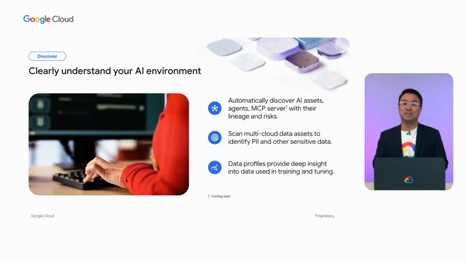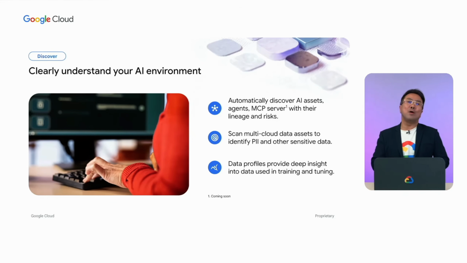But it goes a lot deeper. We can scan multi-cloud data assets to identify your personally identifiable information, your PII, and sensitive data. We will tell you this model is tuned to this specific dataset which contains this sensitive financial information. And why is that so important? Because the lineage is critical when it comes to compliance.